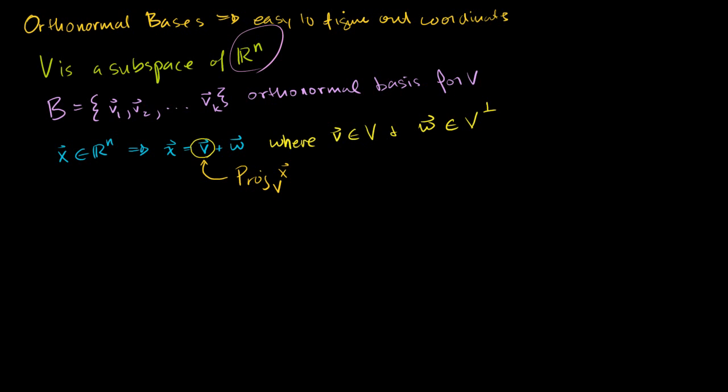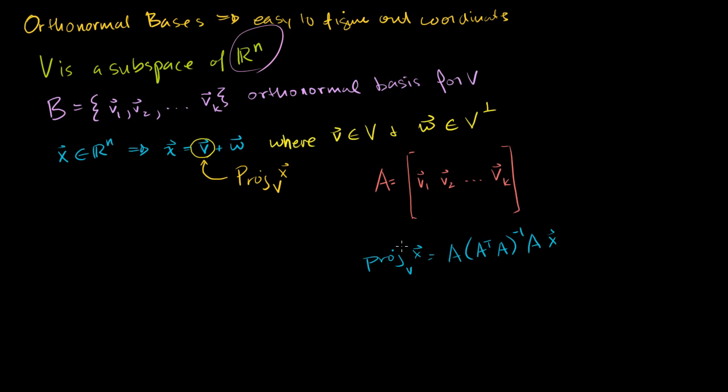If I set up some matrix A that has my basis vectors as the columns, so some matrix A that looks like this, V1, V2, all the way to Vk, we learned before that a general way of figuring out the projection of any vector x onto V is A times A transpose A inverse times A transpose times x.